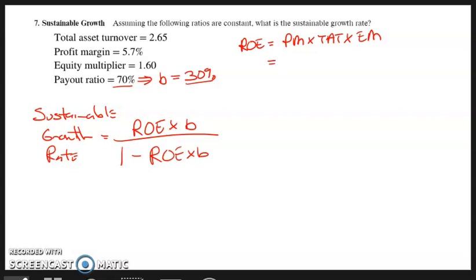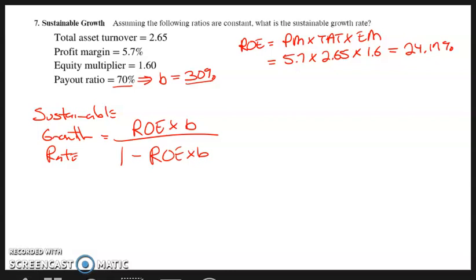So that is 5.7 times 2.65 times 1.6, which equals 24.17%.